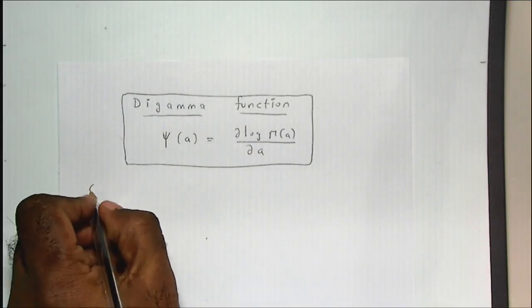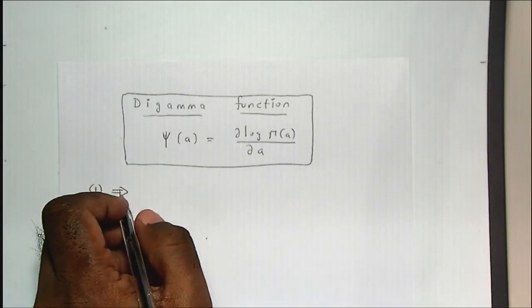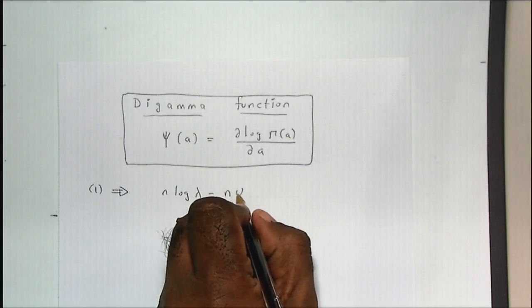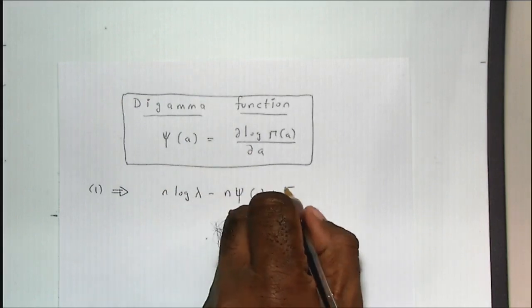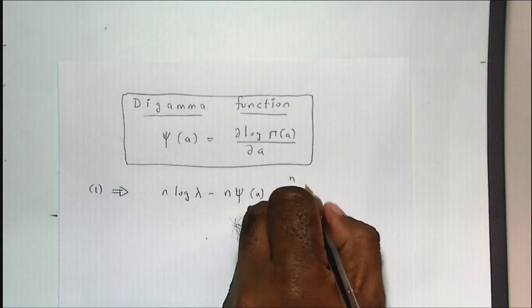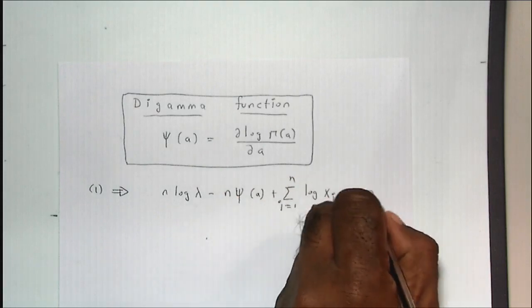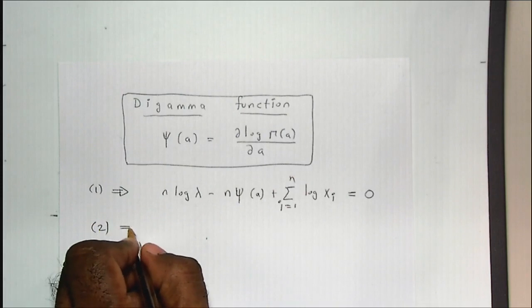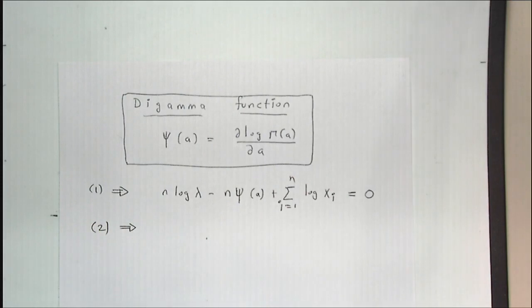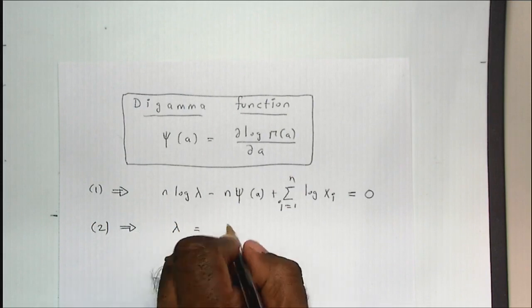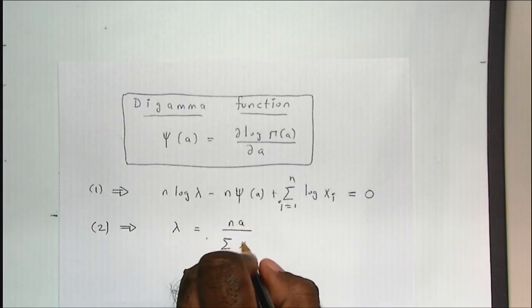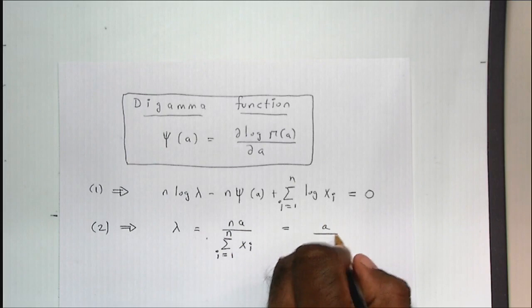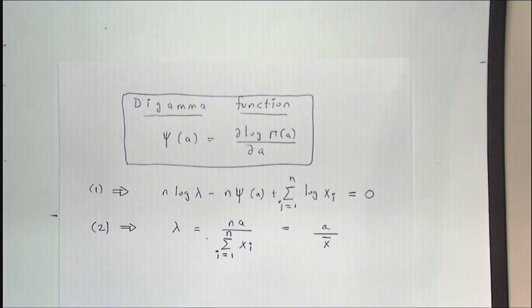So because from equation 1, what you have in equation 1 is n log lambda minus n... And what you have from equation 2, you can say that lambda, or in other words, you can write it as A divided by the sample mean, right?